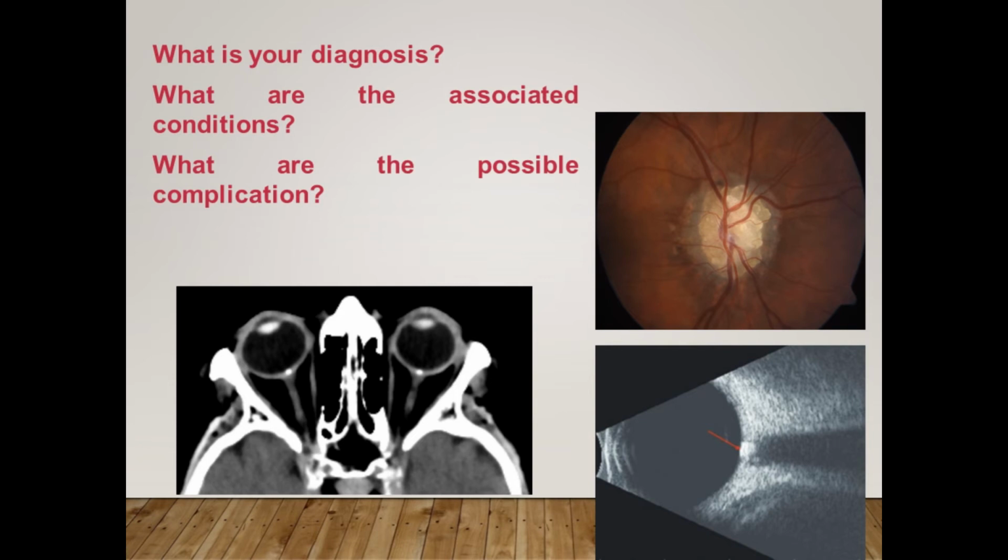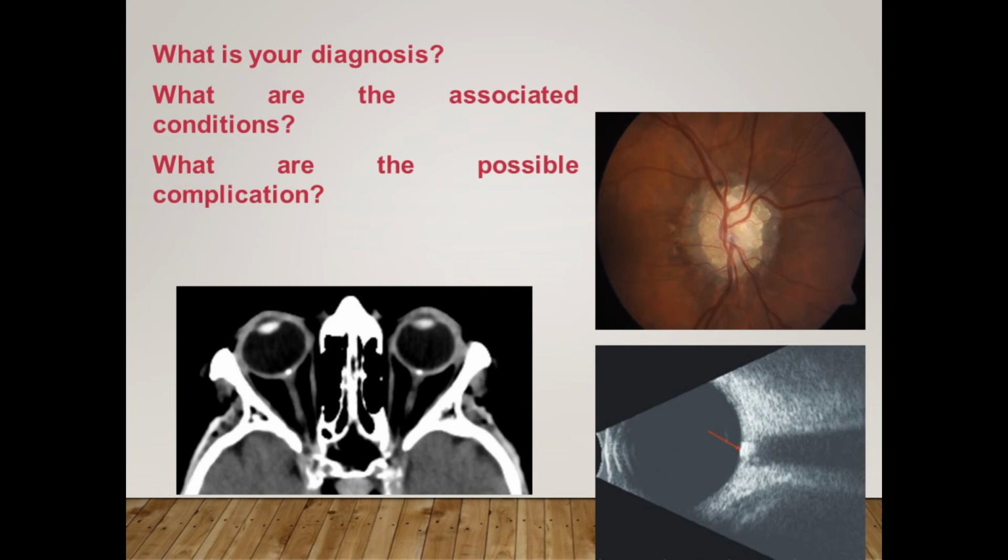This is an optic disc drusen, shown in the photo here and in the ultrasonography here, while lowering the gain, as it is a calcification of the optic disc, and it is also shown here in the CT scan.